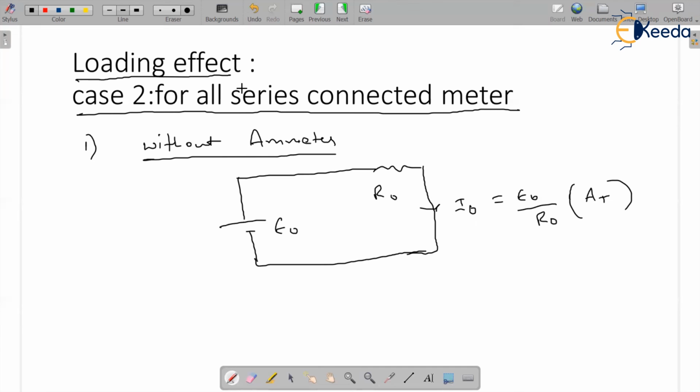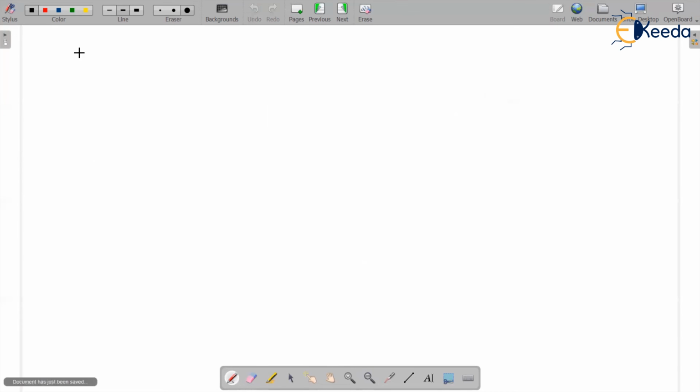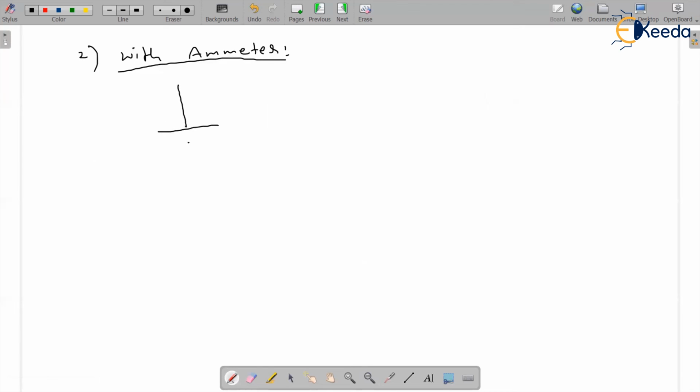Now let's come with the ammeter. So actually this becomes E naught, R naught, and IL.